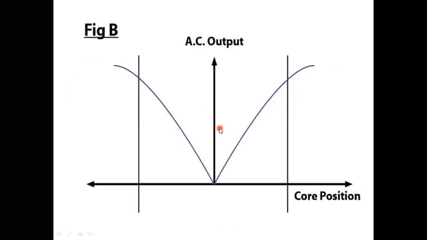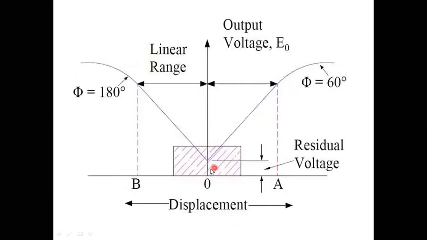This is explained in this graph here. See, I'm not applying any input, the displacement is zero here, even though the displacement is zero I am getting some voltage here. This voltage is called residual voltage, this is error.